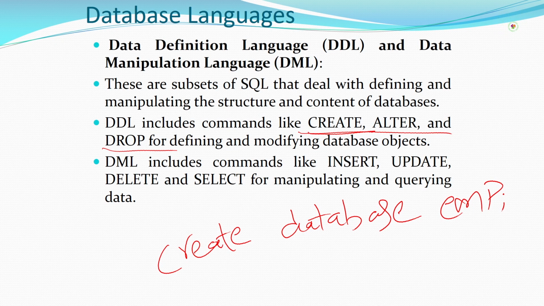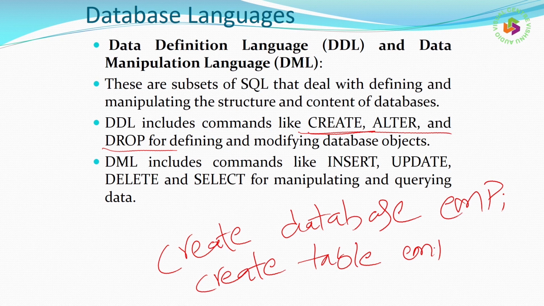Next, in the same way, we create tables: create table, then the table name, followed by the different attributes we would like to give. For example, for the employee entity, EID is an attribute.